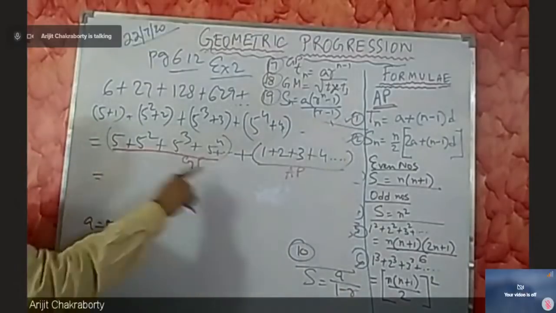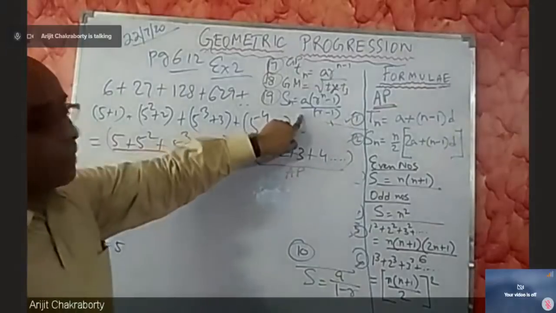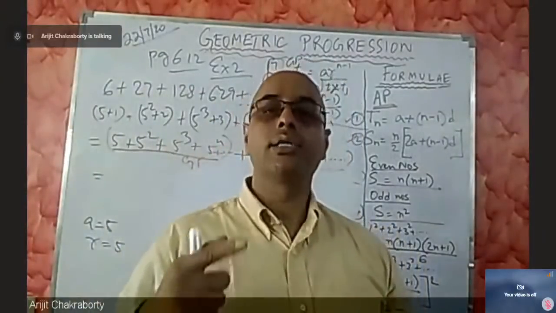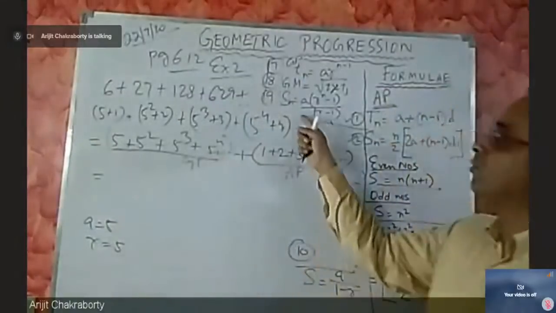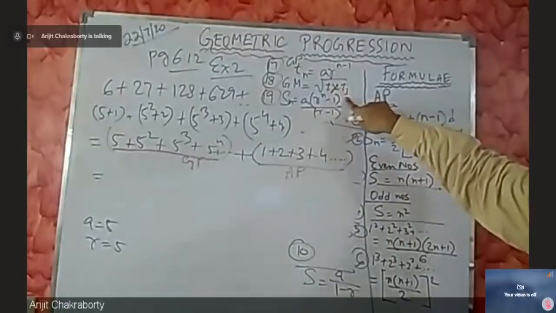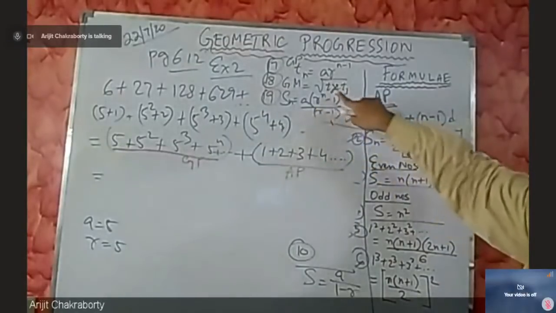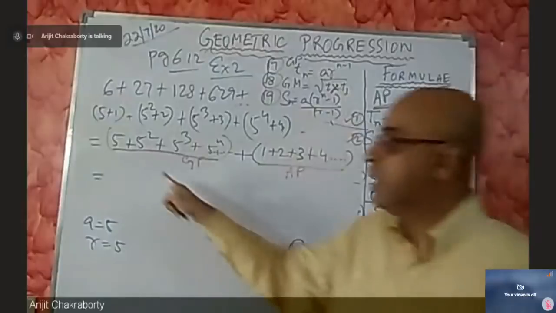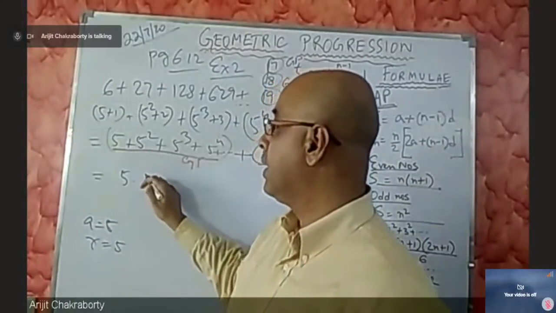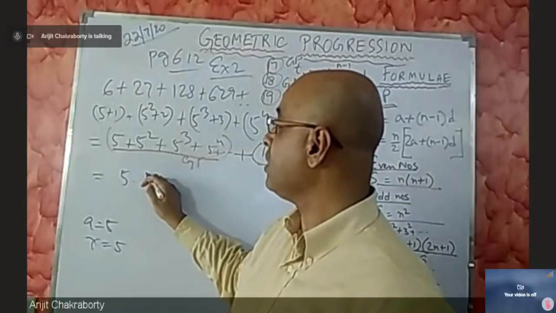So this sum, we will use this formula. Here R is 5. That means R is greater than 1. So we shall use this formula: Sn equal to A into R to the power n minus 1 by R minus 1. So this portion will be 5, that is A, into R to the power n minus 1.